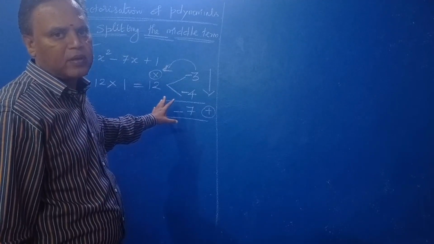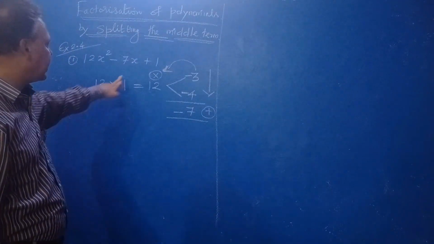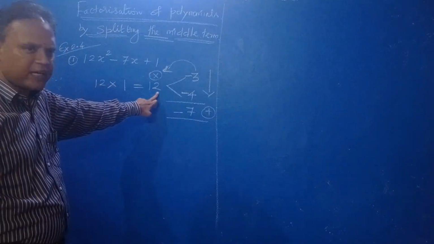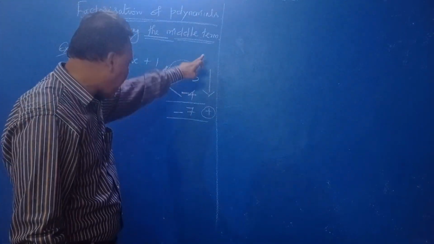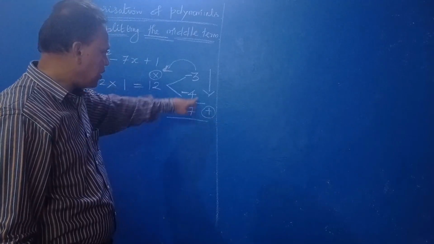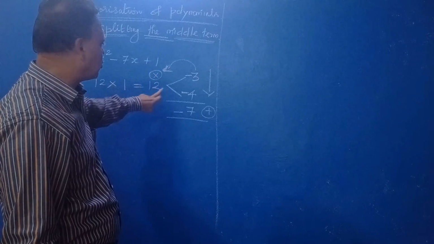You have to think fully and do it correctly, so again I will explain. First take the x squared coefficient 12 and the constant term 1, product 12. Split 12 into two factors such that when you add you get minus 7 and when you multiply you get 12.